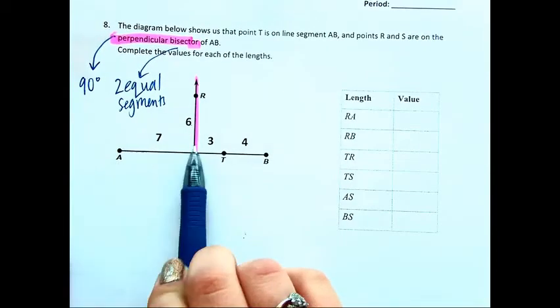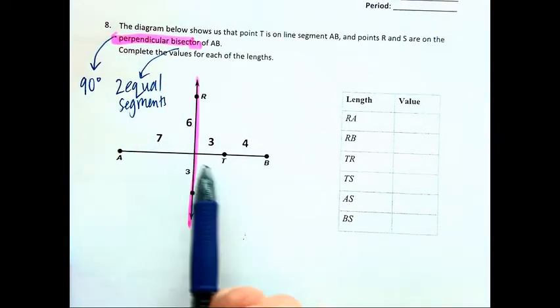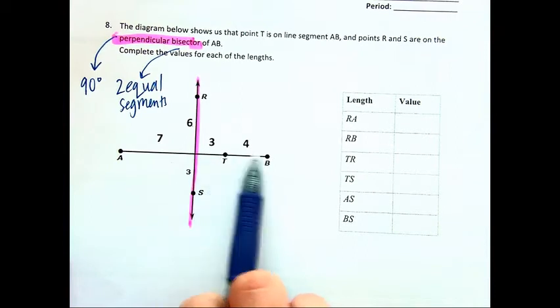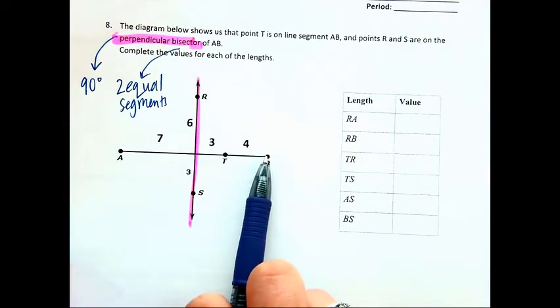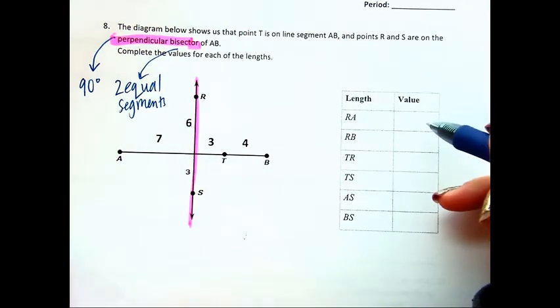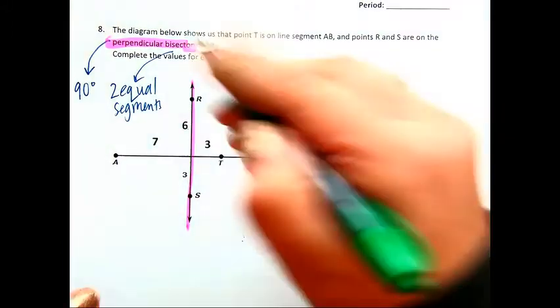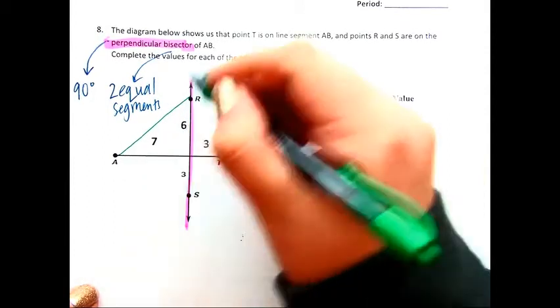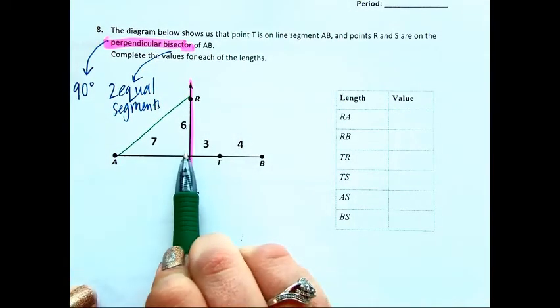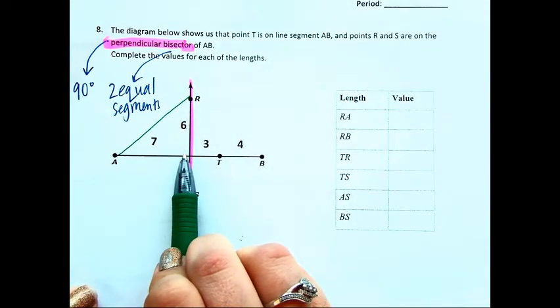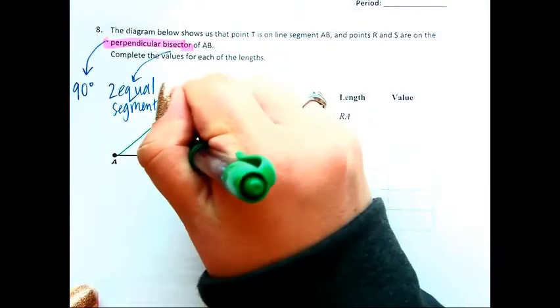So you can see that this portion here is 7, and the right side is 3 plus 4, which is also 7. So that is true. They want us to find the length of RA. So RA ends up creating this triangle up here. And I know that this is a 90-degree angle because it's perpendicular bisector.